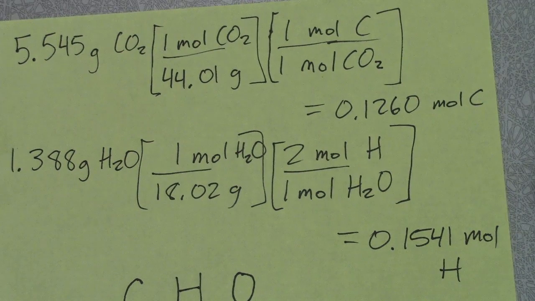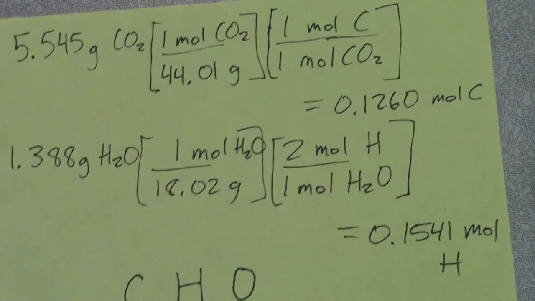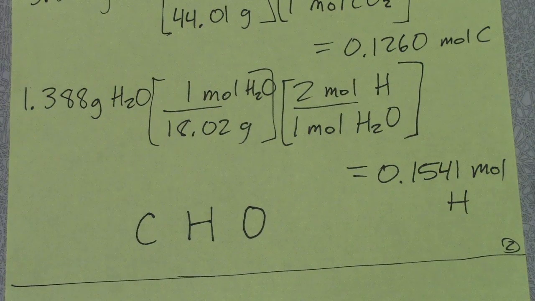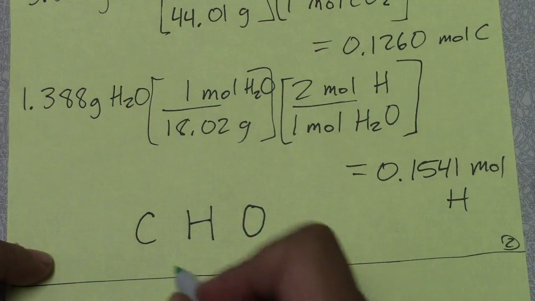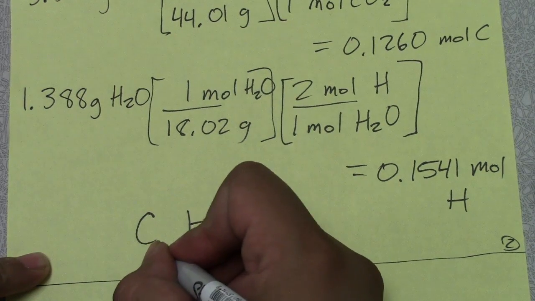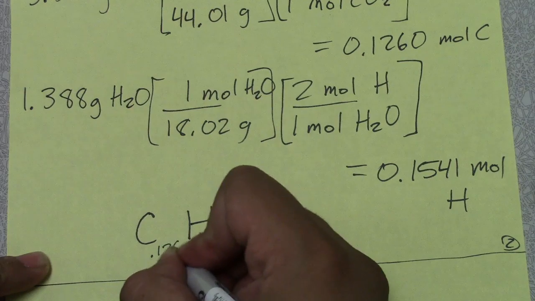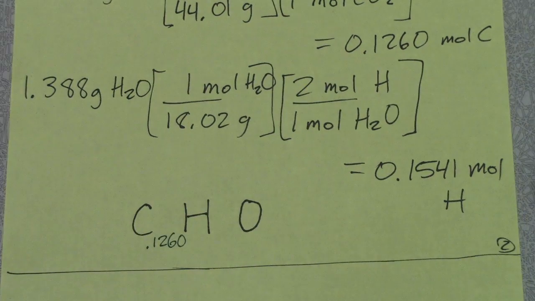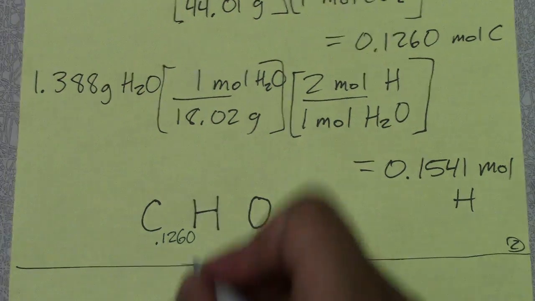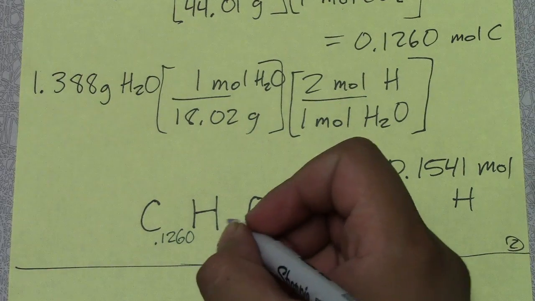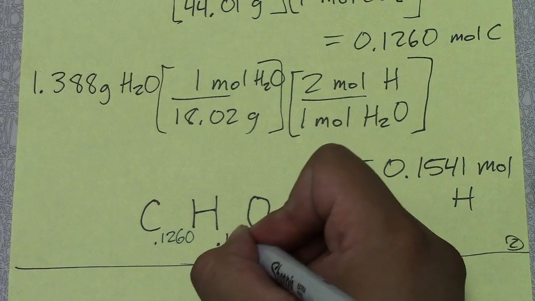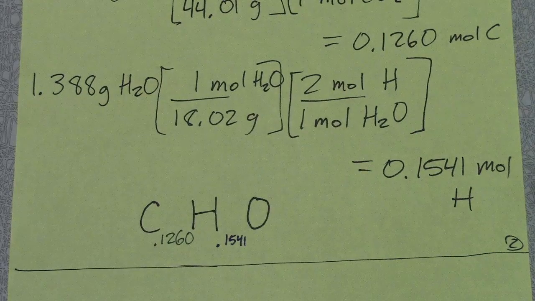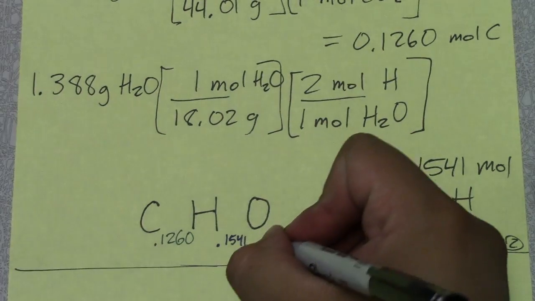All right, so I've done some really good stuff here. I found 2 mole values for our actual compound, and I can fill these values into my formula. There's going to be some problems with that, but we'll get to those in a moment. So I could say I have C 0.1260, and I have hydrogen 0.1541, and I don't know my oxygen.